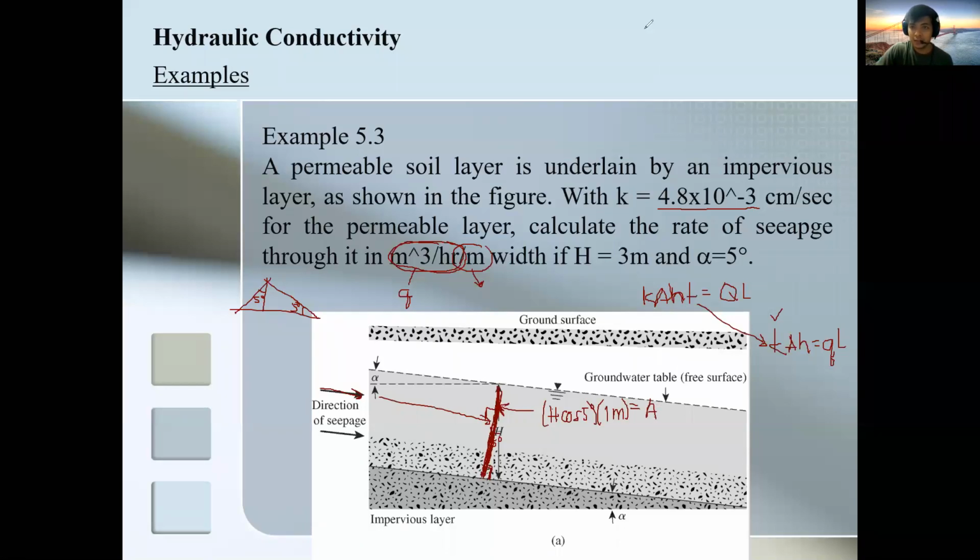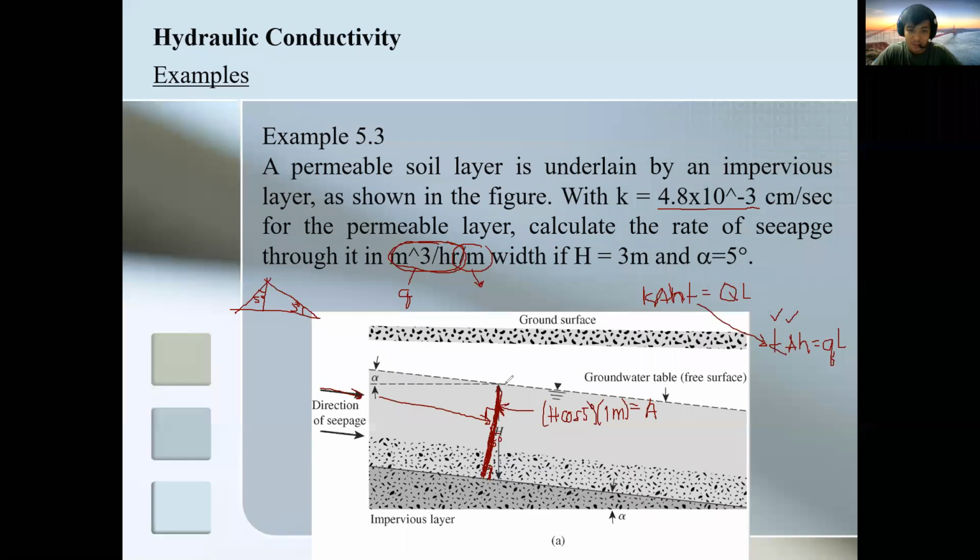Okay, so let's see. Ang ato ang H is H all over L, di ba? So the total head. So atong total head is, of course, kaning H ra, di ba?